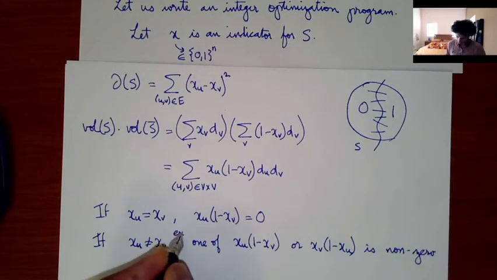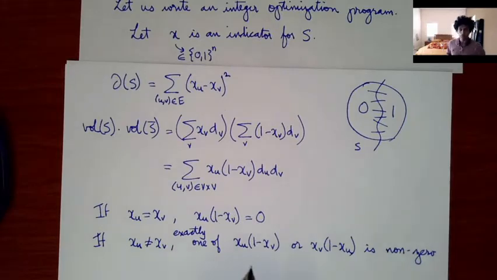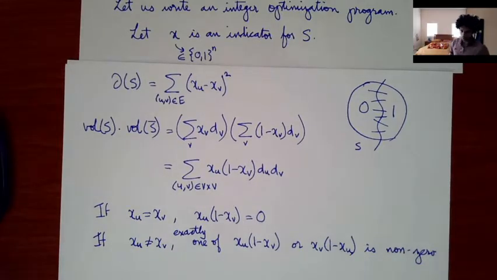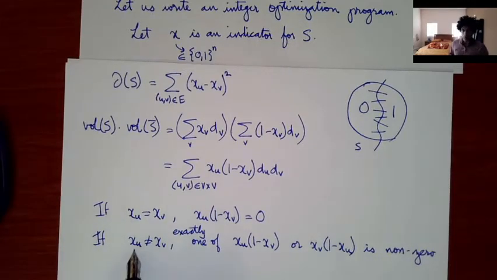If they have the same value, then either xu is 0, in which case we're done, or xv is 1, in which case we're also done. Otherwise one of them is 0 and one is 1, and if xu is 0 and xv is 1, then this one is non-zero, and vice versa. So exactly one of them is non-zero.